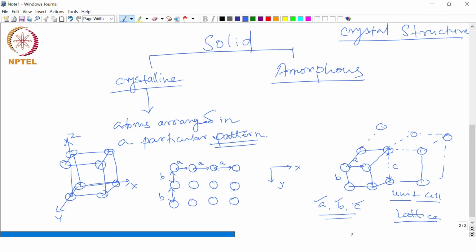So, this is an example of a cubic solid or a cubic metal, let us say.